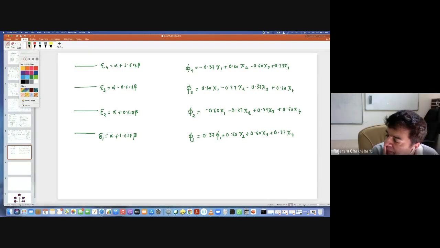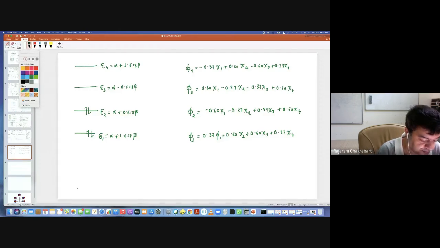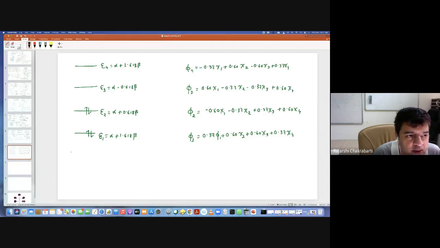How many are there? 4 pi electrons. So they are going to be here, and so if I calculate this E pi, what is this going to be?